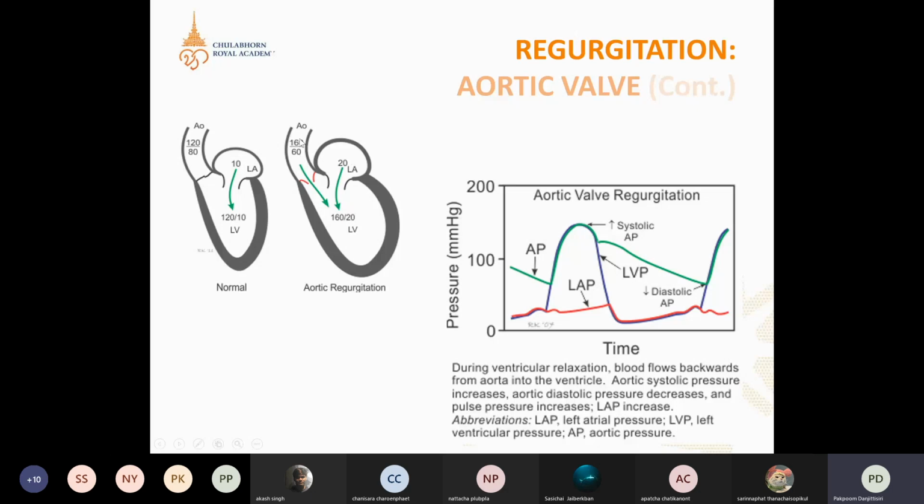There is a wide pulse pressure, and with the LV pressure, the systolic pressure will increase, and the LV EDP will also increase. Okay.